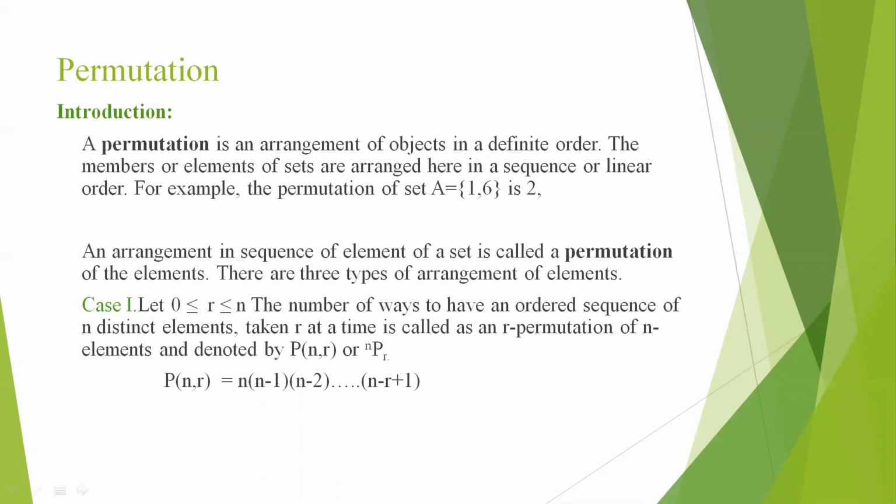Hence, the number of permutations of n distinct elements taken r at a time is given by the formula nPr equal to n factorial upon n minus r factorial, where r is greater than 0 and less than n. So let's check some examples on case 1.